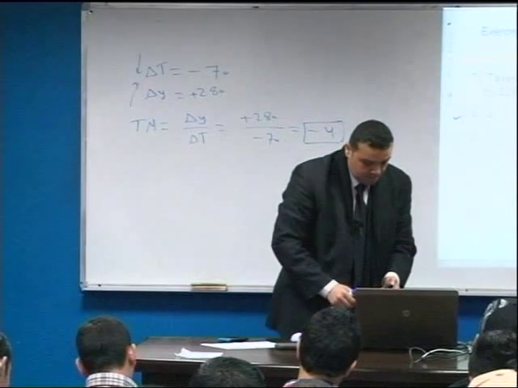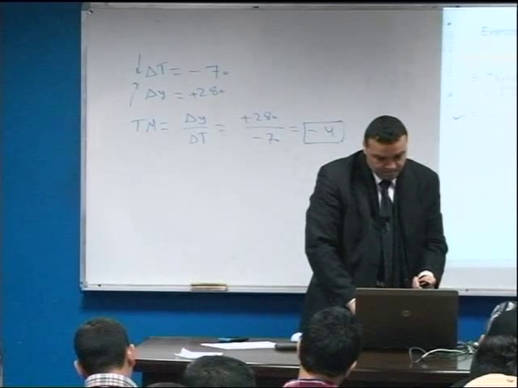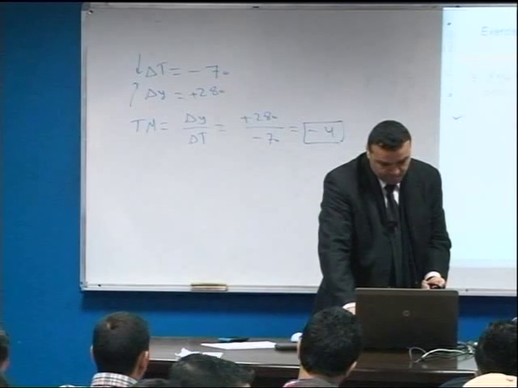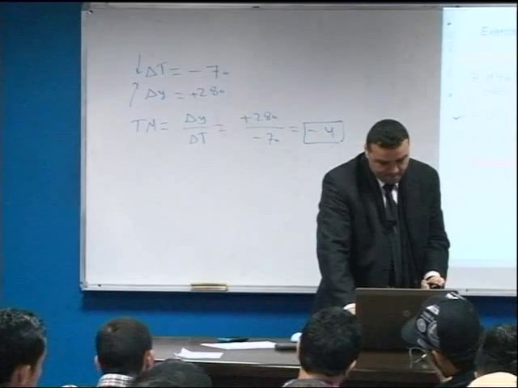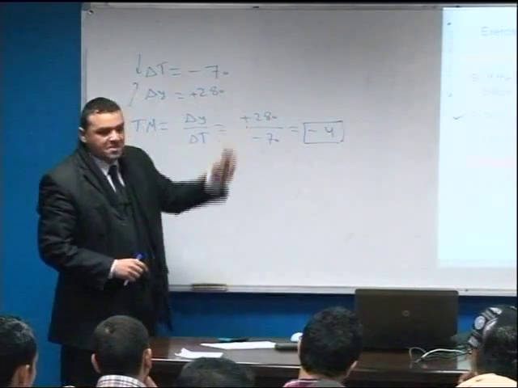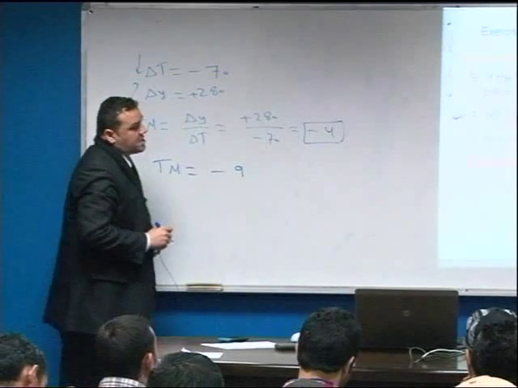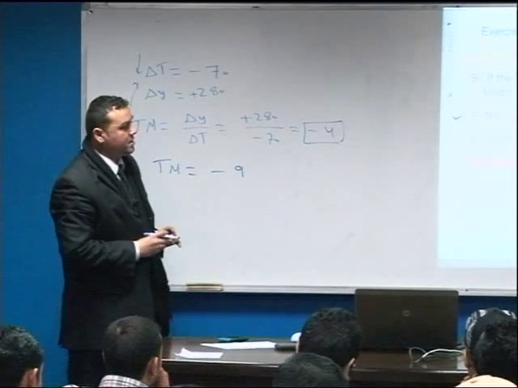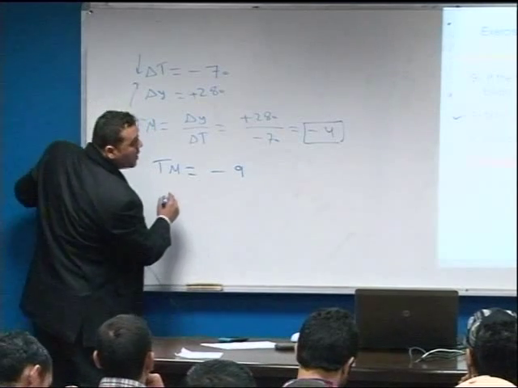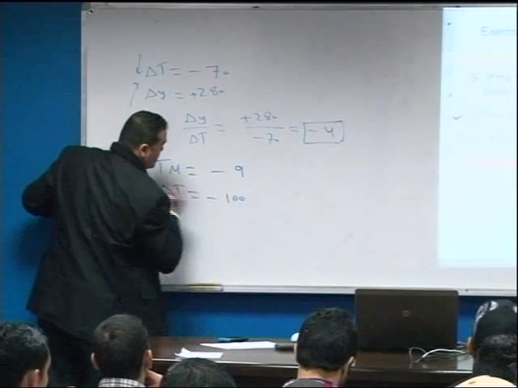What about this one? Okay, if the tax multiplier is minus 9, and the taxes are decreased by 100 billion, so delta T equals minus 100.